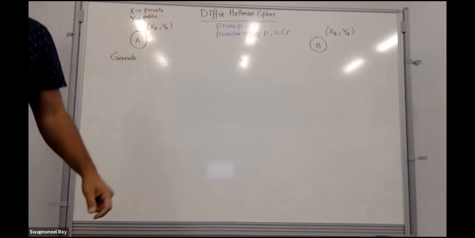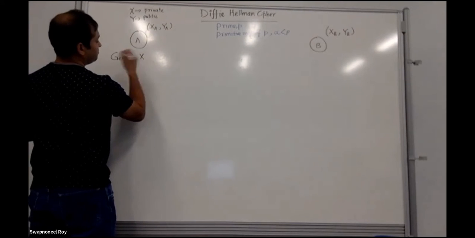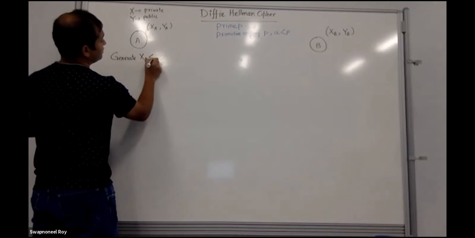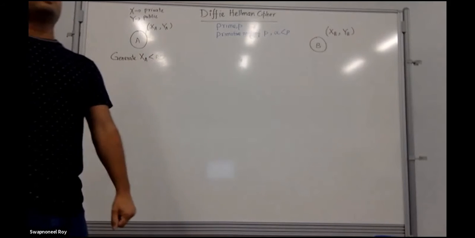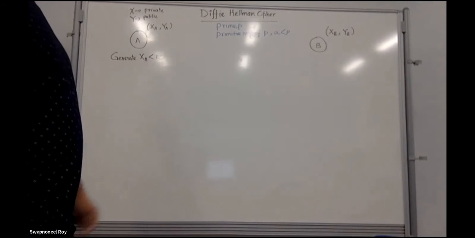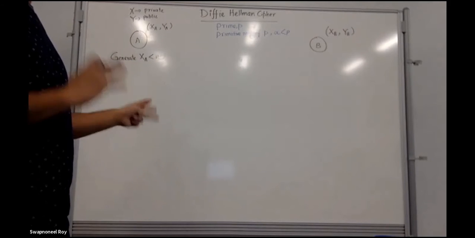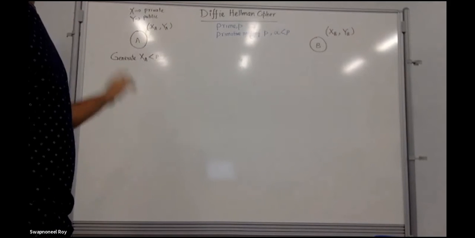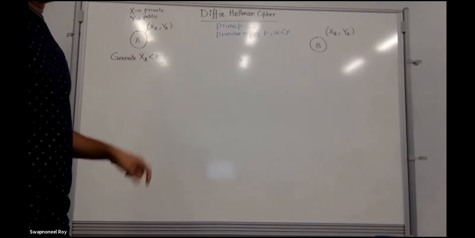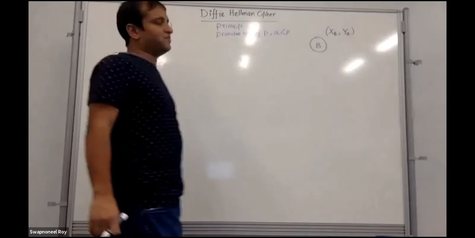So generate XA, generate her key at random, XA less than the prime P. Alice will choose the private key XA, anything less than P. So the key range is 1 through P. The prime number P must be more than 128 bits, so P is a large enough prime number.